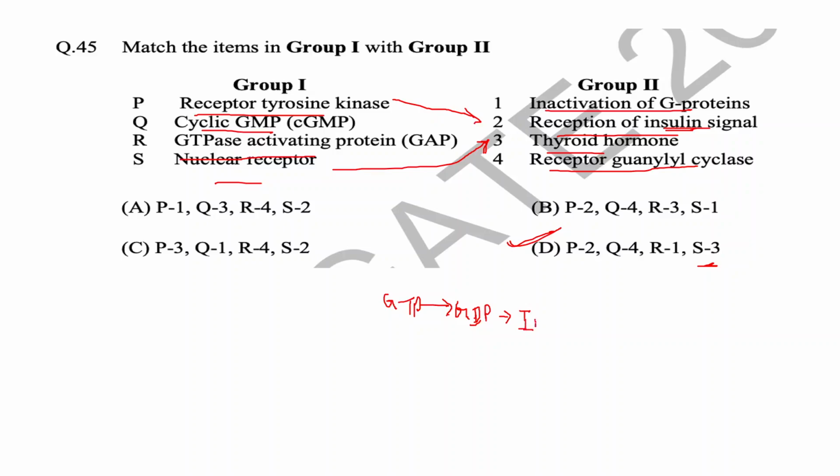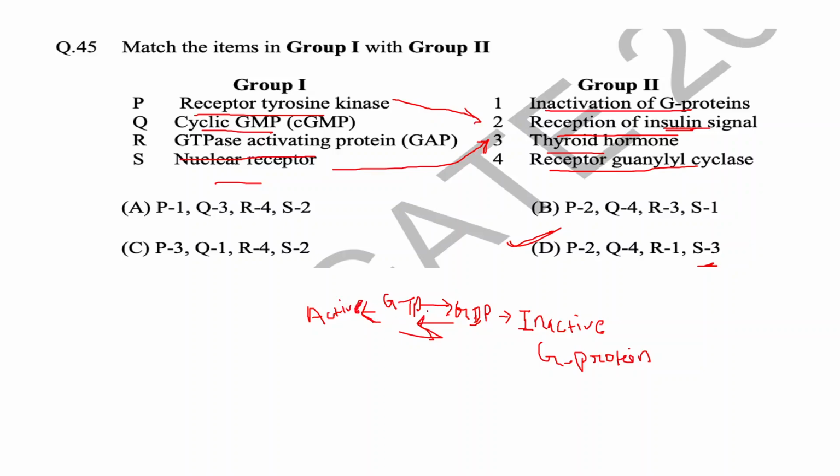So it will be vice versa. If GDP is converting into GTP, it leads to the activation of G protein, which will lead to the active form of the G protein.